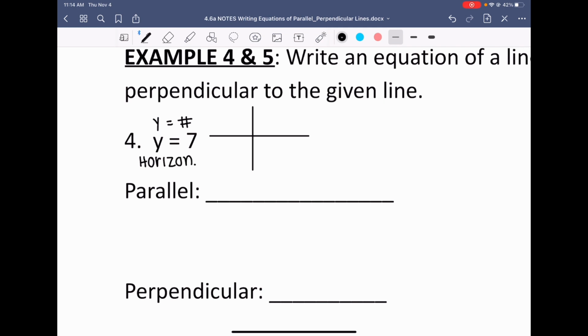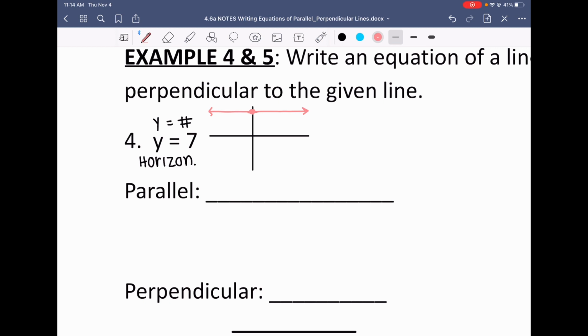So here's y. Whenever it's y equals a number, it intercepts the y-axis at that number. So if this is 7 right there, it's going to intercept 7 on the y-axis, but it's only going to go through that point. It has a 0 slope because there's no mx here.